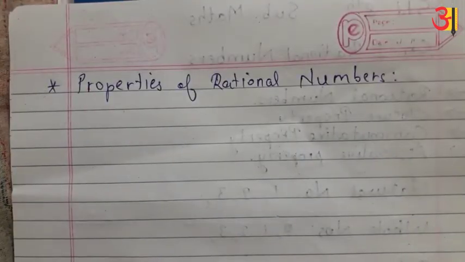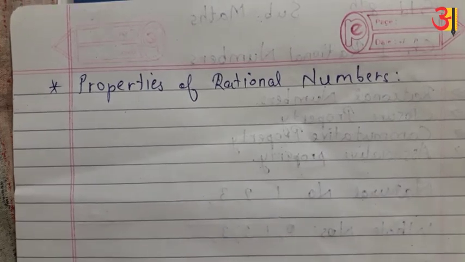Now we will discuss the properties of rational numbers. The first property is known as closure property.